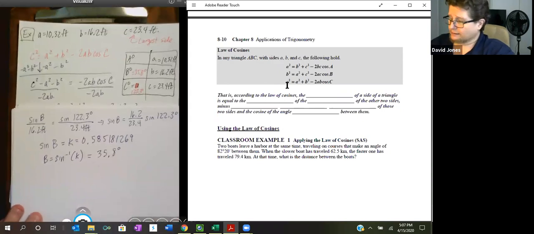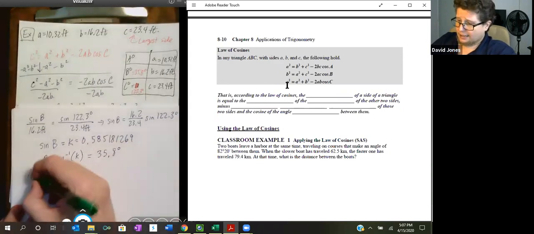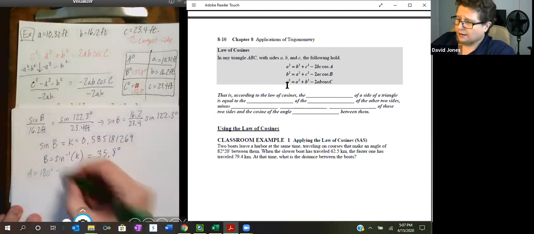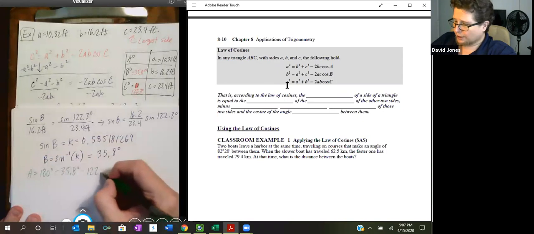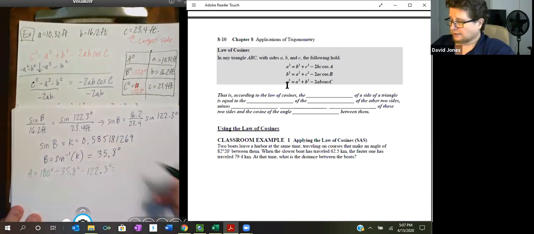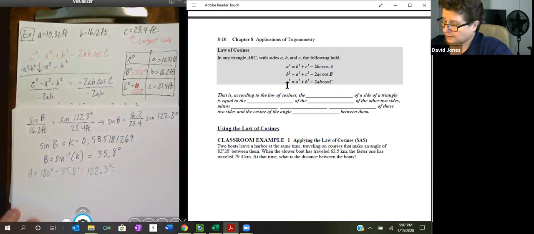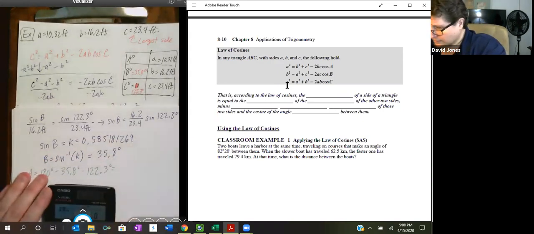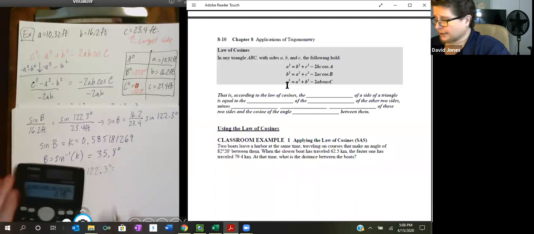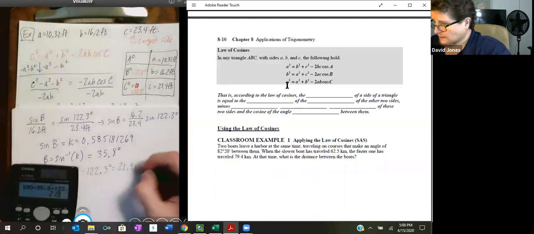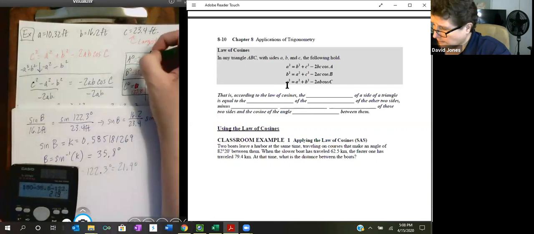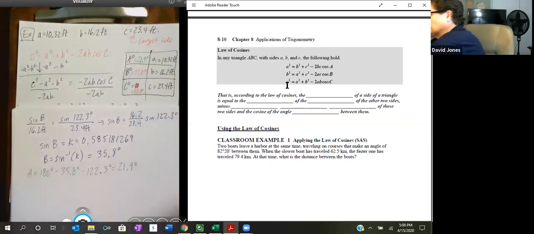And finally, A equals 180 degrees minus 35.8 degrees minus 122.3 degrees, which is 21.9 degrees. And there it is.